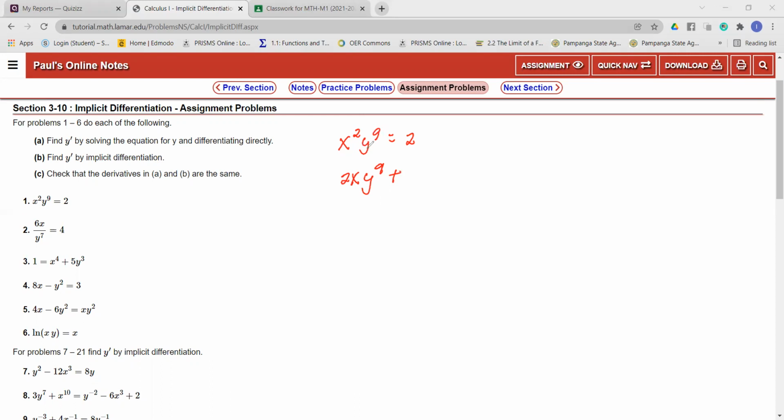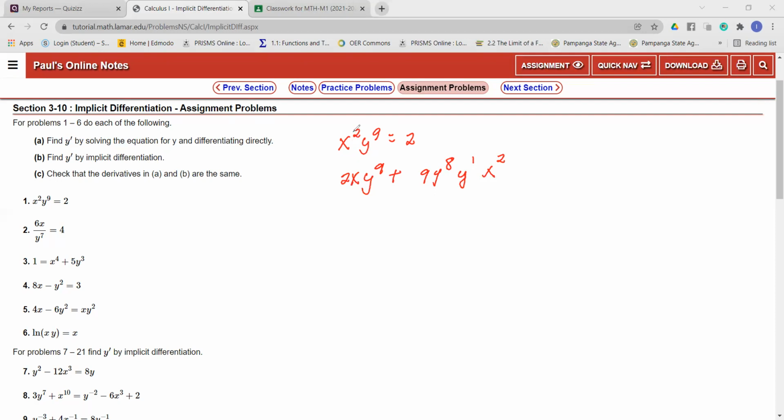Kasi nga, y to the 9 yan, we have a variable y. Since ang derivative natin is with respect to x, when we take the derivative of this, it becomes 9y to the 8. However, since nga with respect to x tayo, this is then y prime, times x squared. Okay? So, ganun na siya.